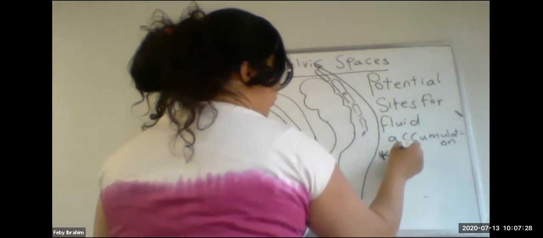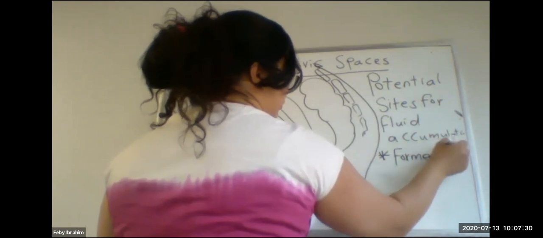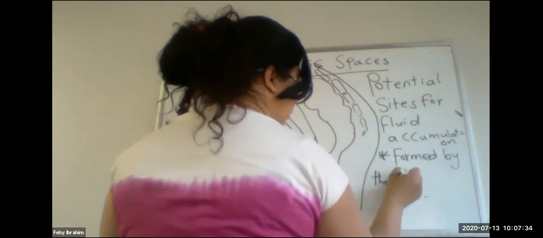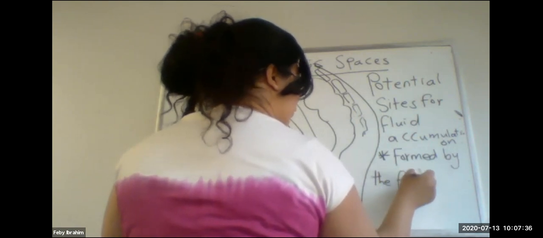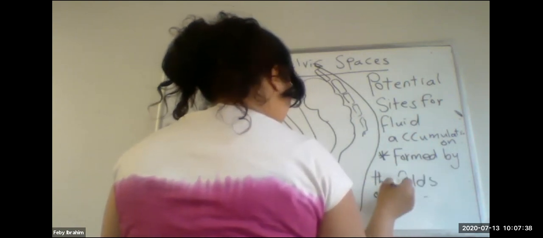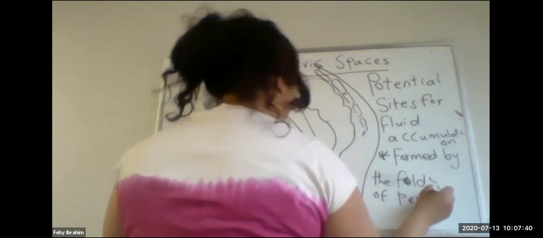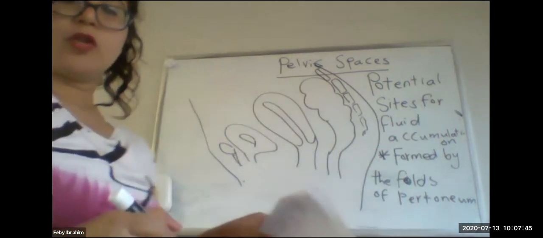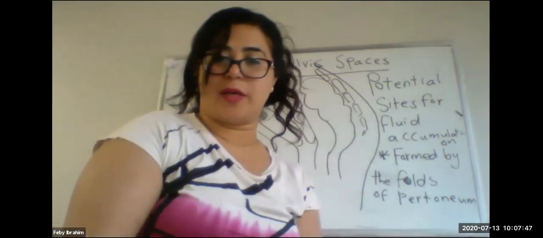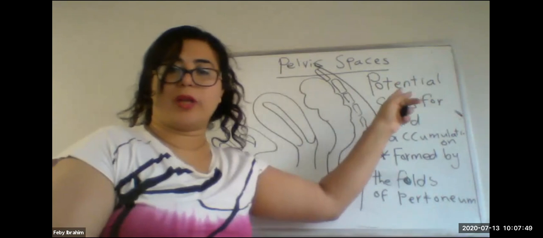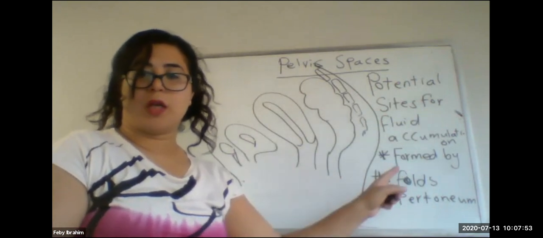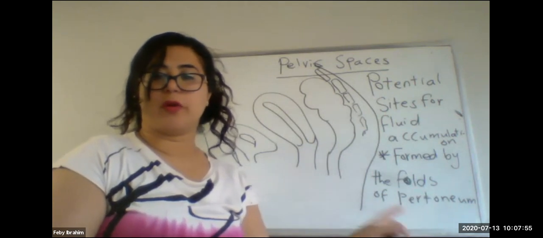It's formed by the folds of peritoneum. So if I want to talk about pelvic spaces, they are potential sites for fluid accumulation. It's formed by the folds of peritoneum.